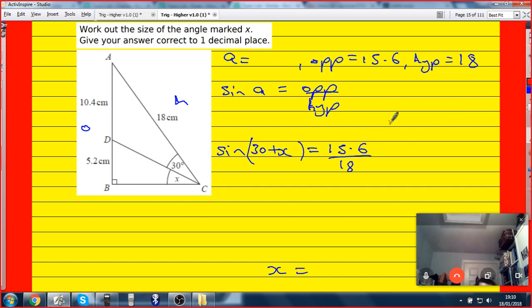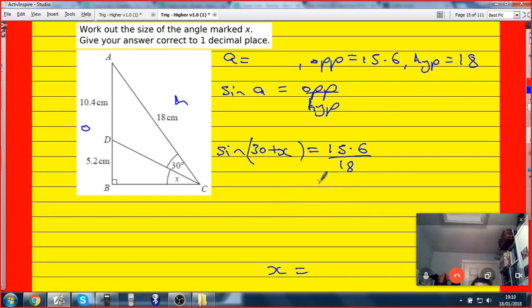How do we go about that? Do you have to do 15.6 divided by 18 first? You could. You don't have to. Basically, we have to get rid of plus 30 and we have to get rid of sine. So we're left with just x equals.